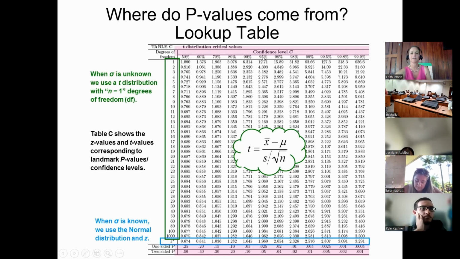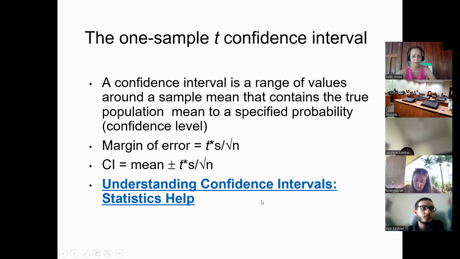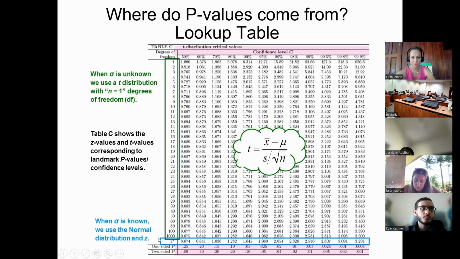You go down this column and across this row, and, oh, this is for a z-test, actually. This is the wrong table, not the t-test. It's pretty similar, though. You find the critical t value. If my t value is greater than this critical number, then my p-value is less than 0.05. You wouldn't have an exact p-value, but you would know that it meets that cutoff, and you would reject the null hypothesis.